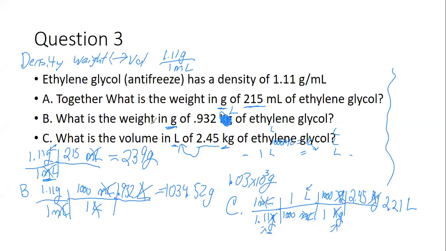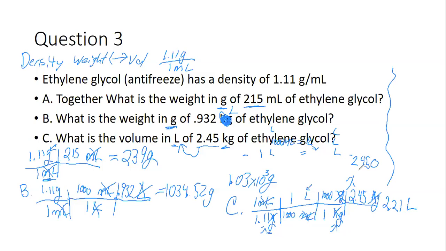How did I get 2.21? All right, so let me get my calculator. I'm going to multiply everything on the top together. So 1 times 1 times 1,000 times 2.45. If you multiply everything on the top together, you get 2,450.